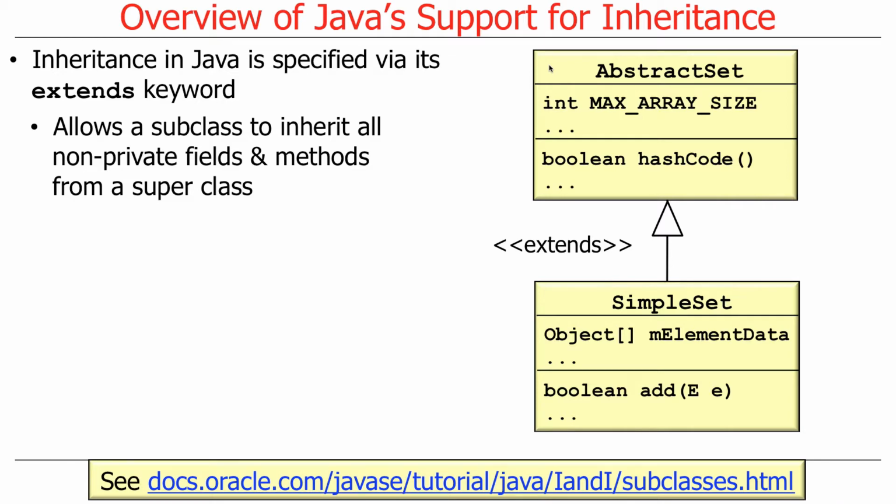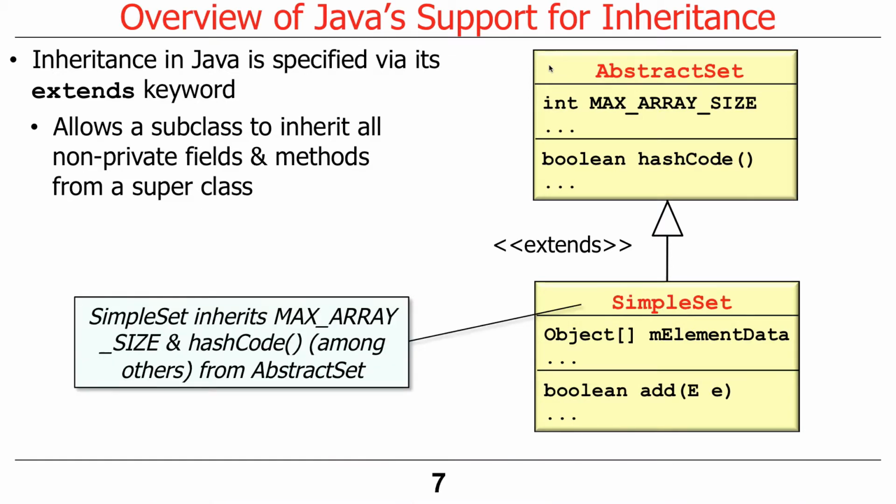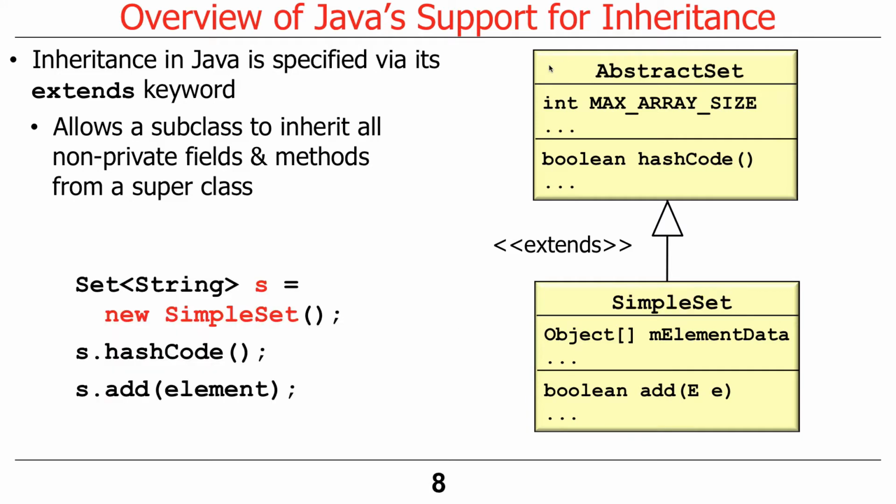They're in a lockbox somewhere. So for example, here, simple set inherits max array size and hash code from abstract set. Simple set is the class that we wrote, and abstract set is something that comes out of the Java collection framework. And so when we have this relationship, these things come along for the ride into simple set.